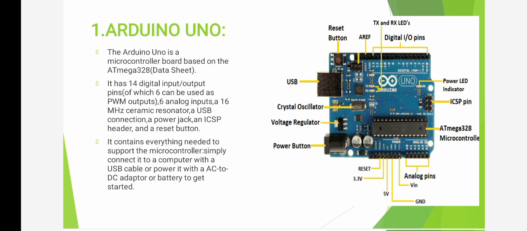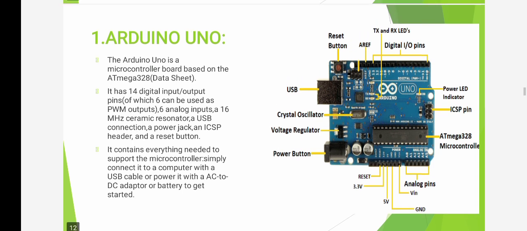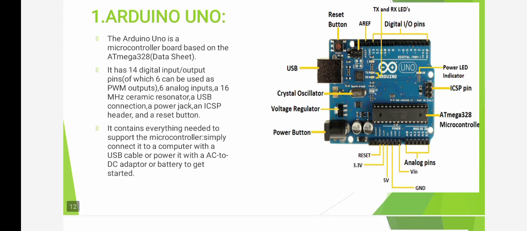It contains everything needed to support the microcontroller. Simply connect it to a computer with a USB cable, or power it with an AC to DC adapter or battery to get started. This is the Arduino Uno board, which has a USB cable port and digital input output pins.